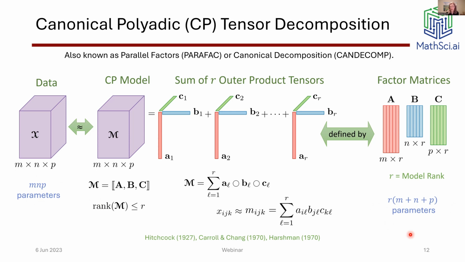So if we did a rank 100 factorization of a 100 by 100 by 100 tensor, this is like a 33x memory reduction. And then we say this is multilinear because the model M is linear in A if we hold B and C fixed. It's linear in B if we hold A and C fixed, and so on.